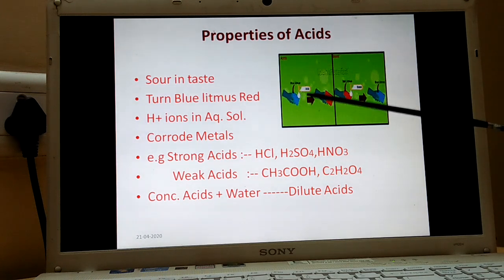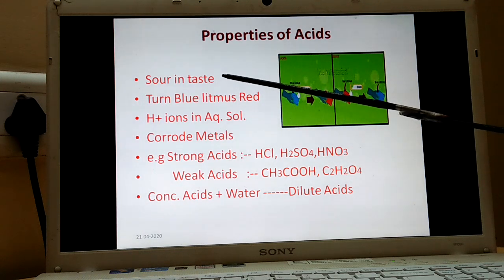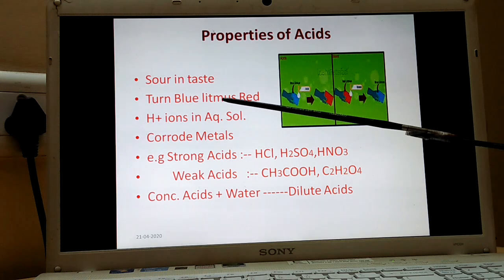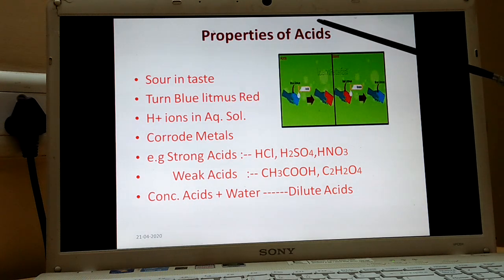Now here I have given the properties of acids. How can we identify whether the given substance is an acid or a base? From these properties we can easily identify: if they are sour in taste, it means the given substance is an acid. If they turn blue litmus red, they are acids.